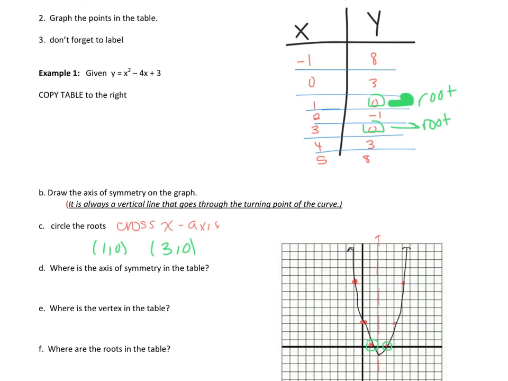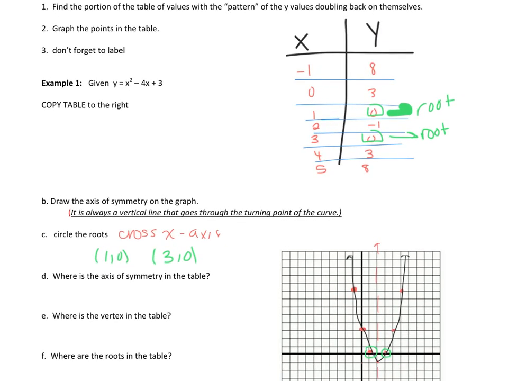So we're going to use our table of values to answer these questions. Where is the axis of symmetry in the table? The axis of symmetry in the table is when you have a y value that doesn't repeat. If I look at my table, my y value doesn't repeat right here.